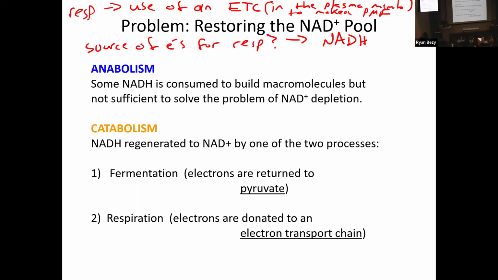Instead of just wasting that NADH energy and making a waste product, the energy from those electrons in NADH is used by the electron transport chain to make a proton motive force, make another different energy intermediate for the cell. So in respiration, you use up the NADH, but you produce something useful for the cell off of it as well. Okay. Questions about that?